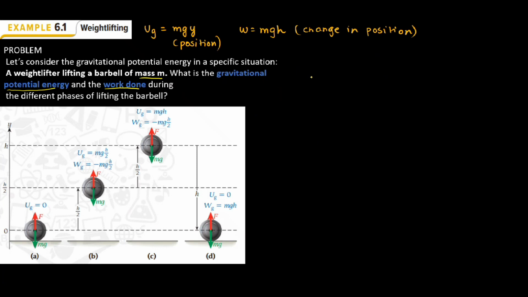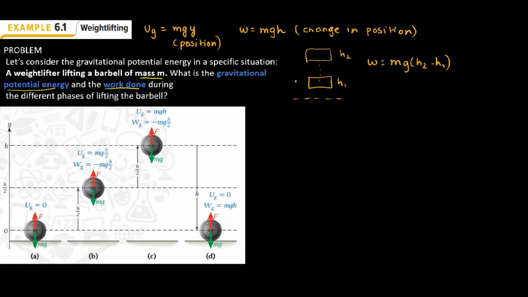So if I take an example of a box being lifted from a height h1 from the ground to a height h2, and I want the work done in moving the box from h1 to h2, I write my work to be numerically equal to mg(h2 minus h1).